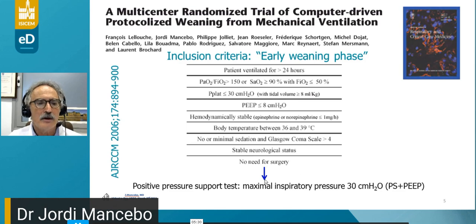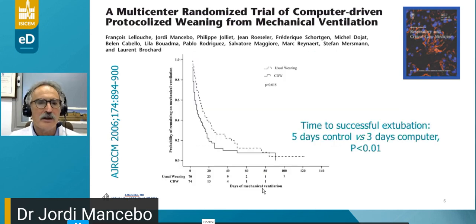These patients were submitted to a pressure support test just to be sure that they were able to properly assist the ventilator, and then they were randomized to follow a conventional progressive decrease in the pressure support assistance, or to be weaned with a computer-driven machine, which automatically decreased the levels of pressure support until arriving at minimal levels and declaring the patient ready for extubation.